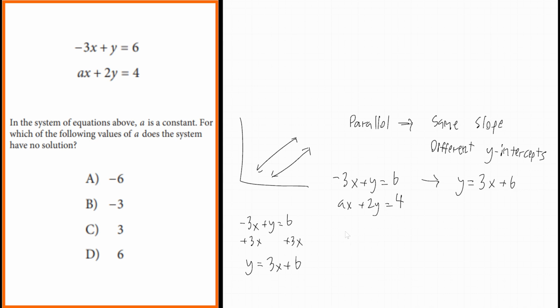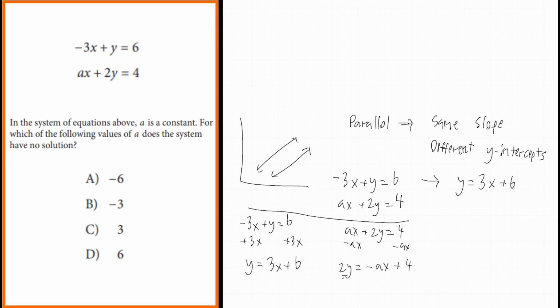For the second one, we have ax plus 2y equals 4. If we subtract ax from both sides, we get 2y equals negative ax plus 4.